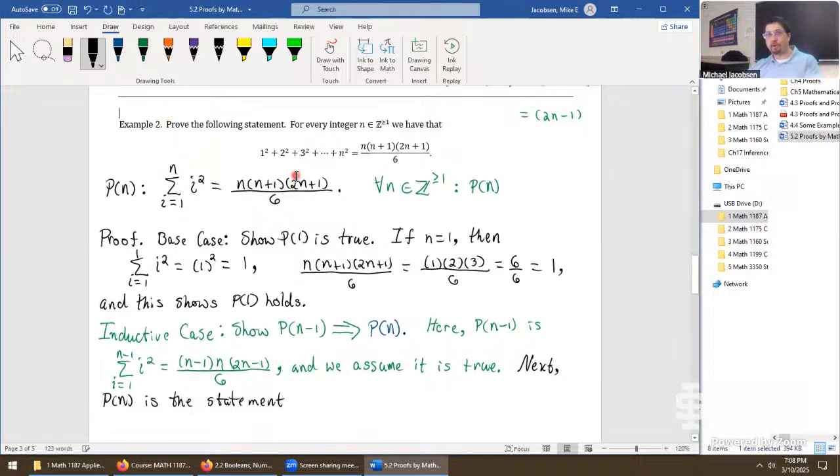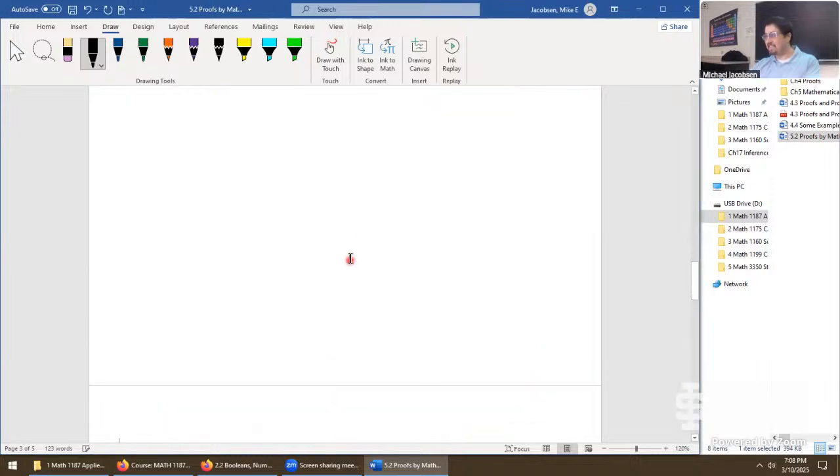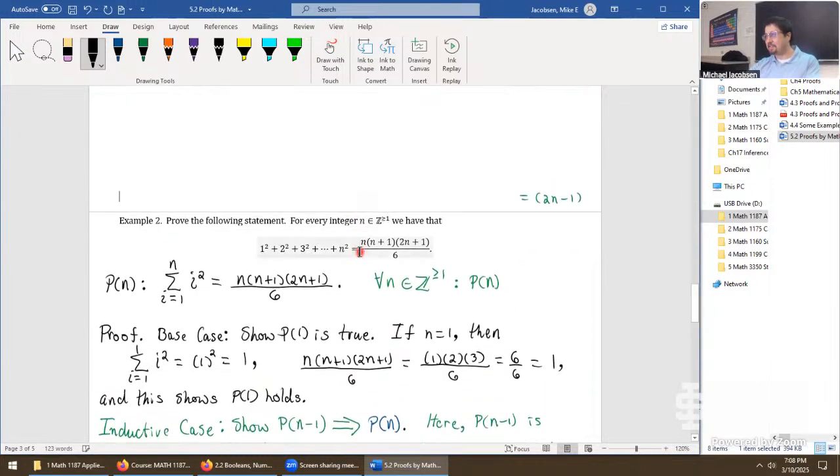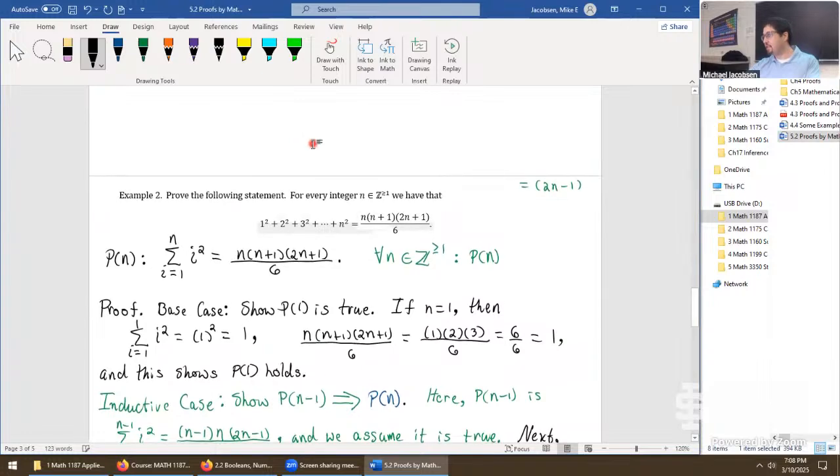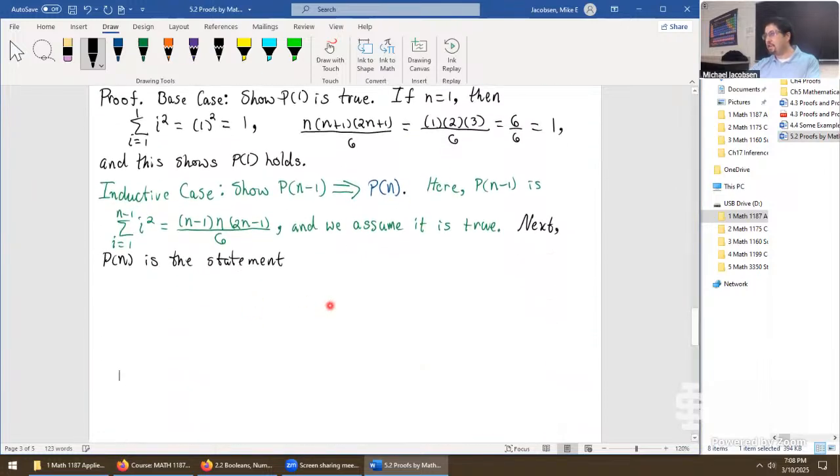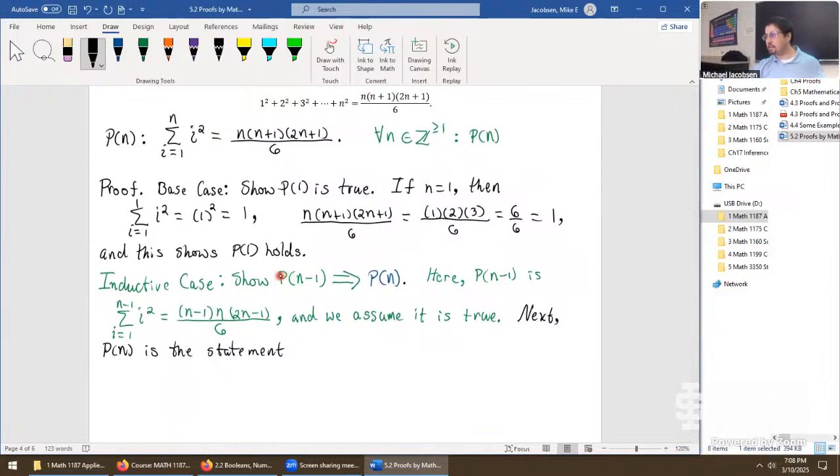I think this is the part of the proof where I have to admit I need more paper space to actually fill out all the details. Okay, so let's put it here. And now say P(n) is the statement that the summation as i goes from 1 to n of i squared equals n(n+1)(2n+1)/6.